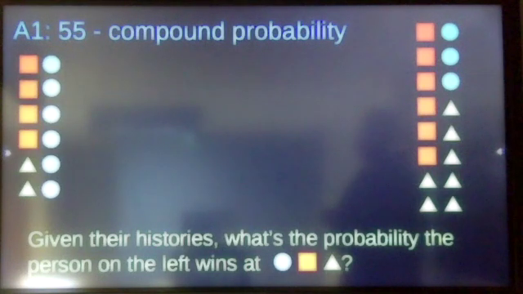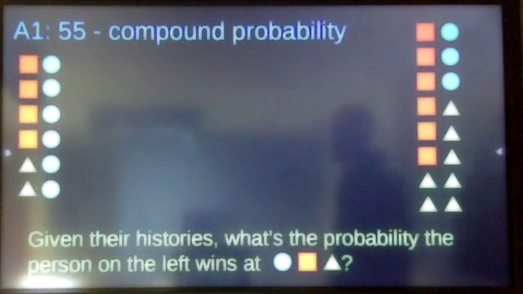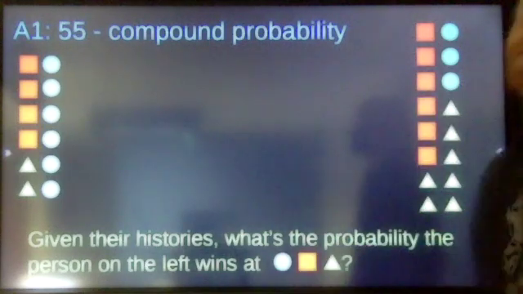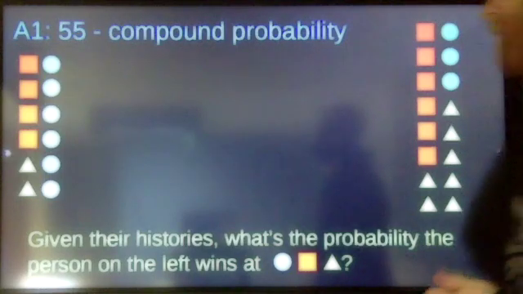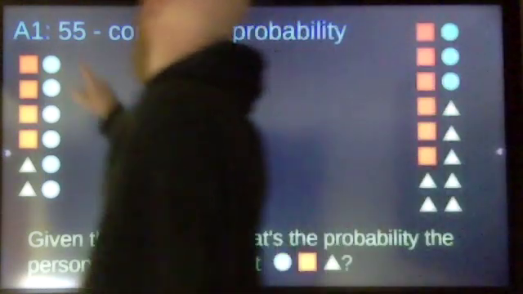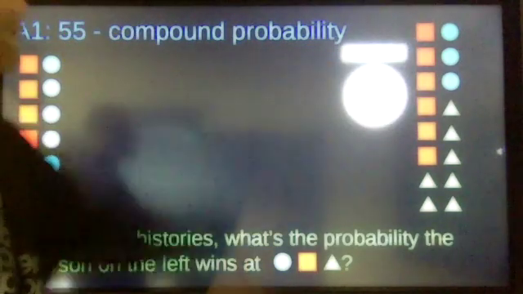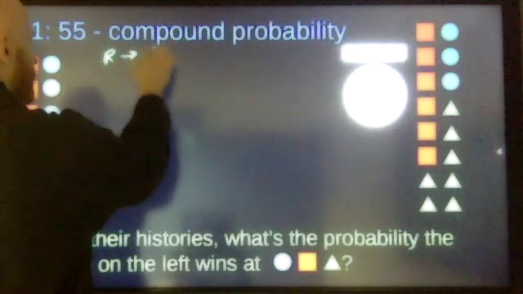All right, what's the probability that happens? Okay? So the toughest thing in dealing with probability, same as with permutations and combinations, is fully defining your situation. What does a win look like? A win looks like this guy chooses rock when that guy chooses scissors.